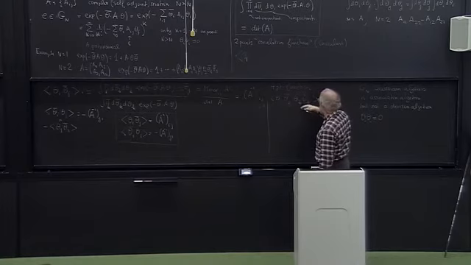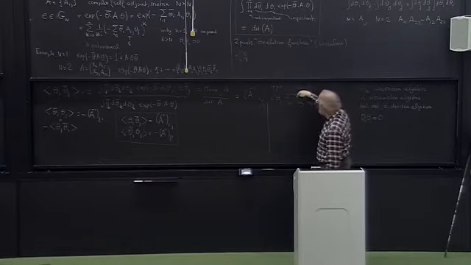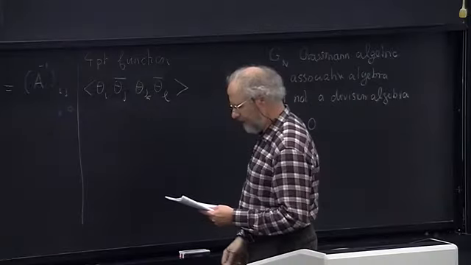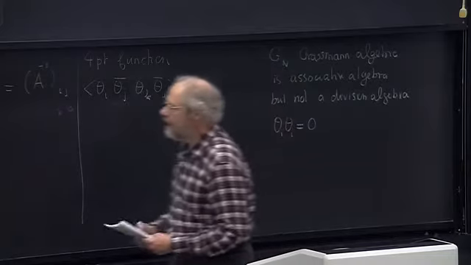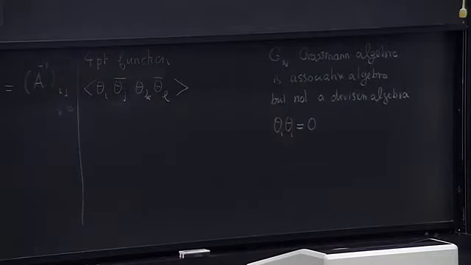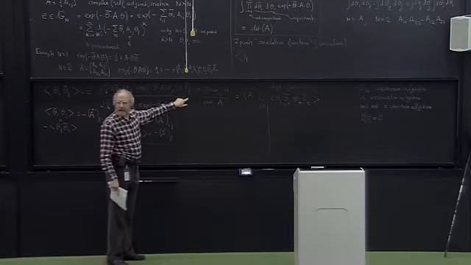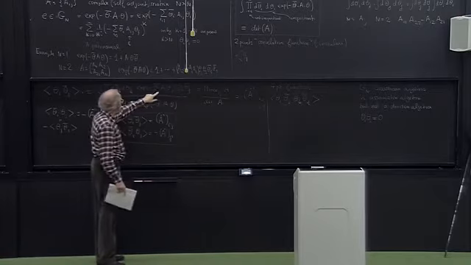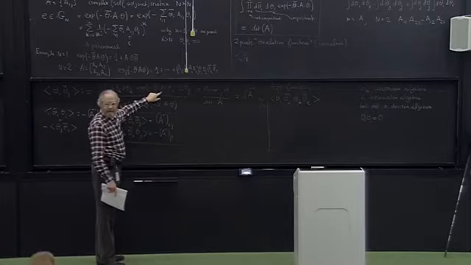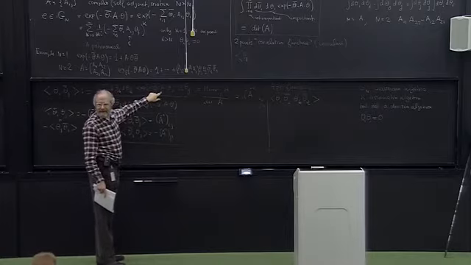So if you want to really write them in terms of the usual basis, you have to take into account the anti-commutation of these thetas and theta bars. But let me take this. Okay. So then you have on the numerator a Gaussian integral with 2 thetas and 2 theta bars. So you are going to have in the integral a product of matrix elements of A, but 2 of the matrix elements are missing.